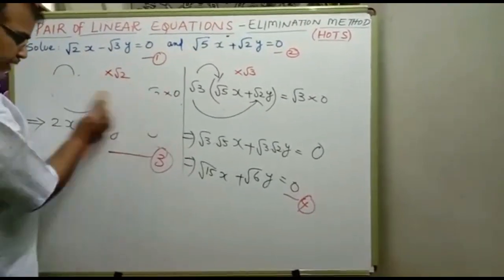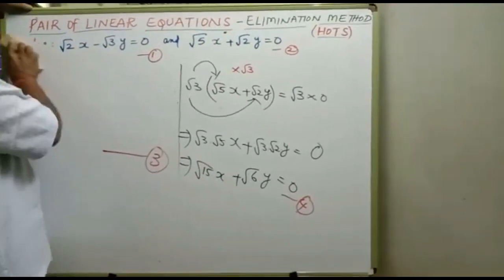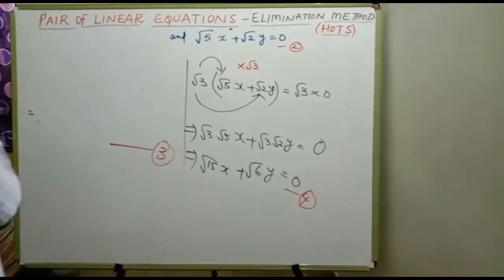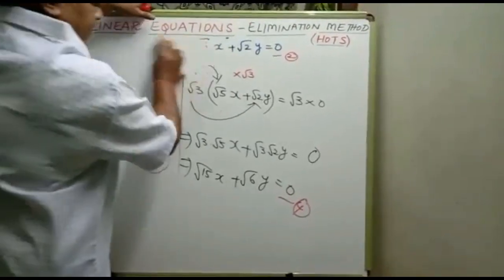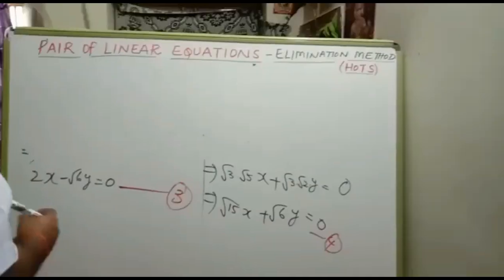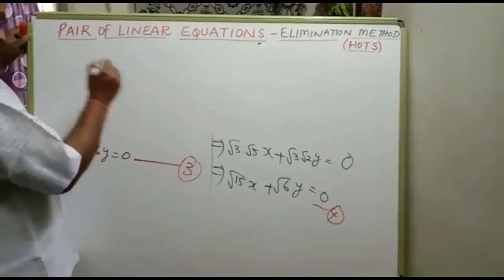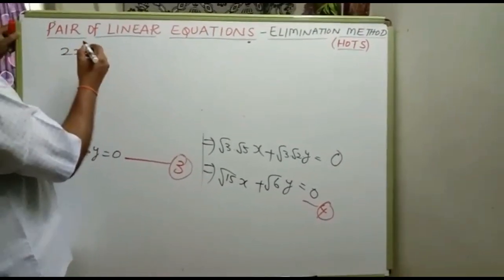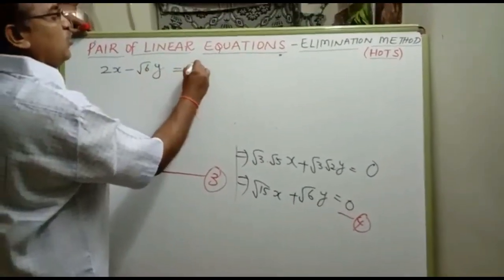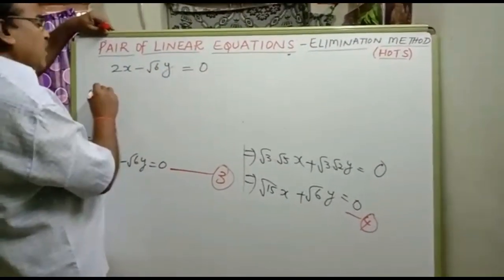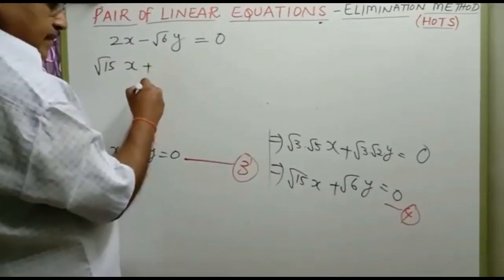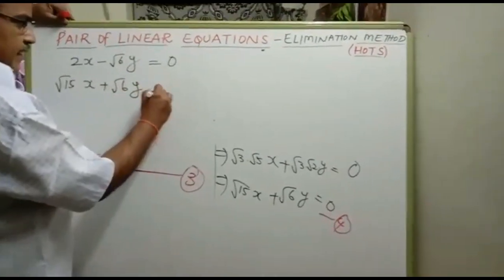Instead of writing the old ones, I am writing the new equations. The new equations are 2x minus root 6y is equal to 0 and root 15x plus root 6y is equal to 0.